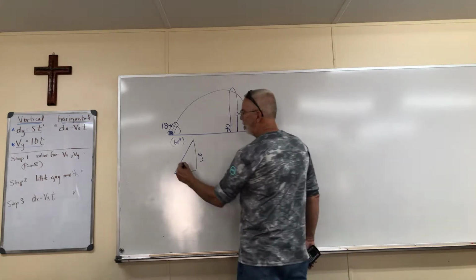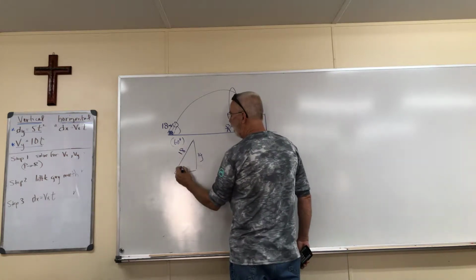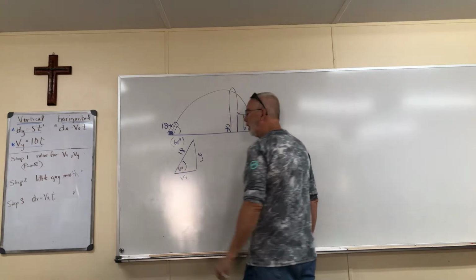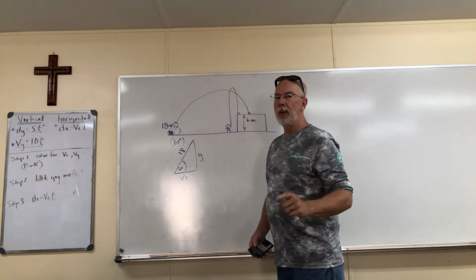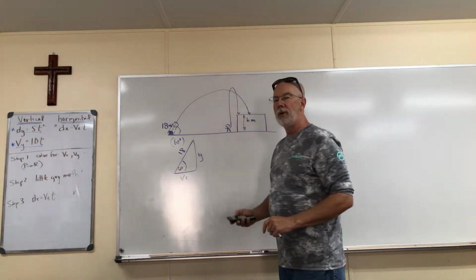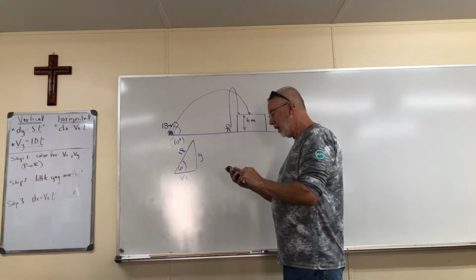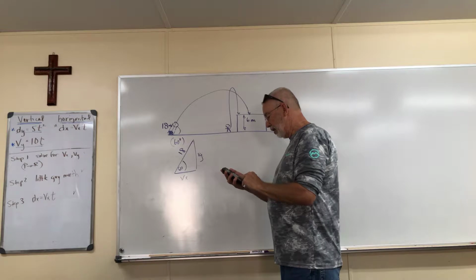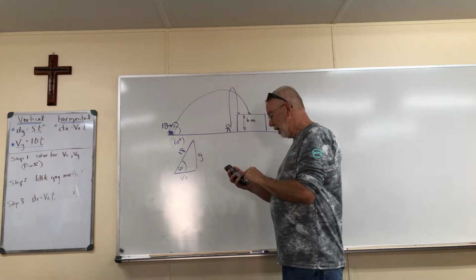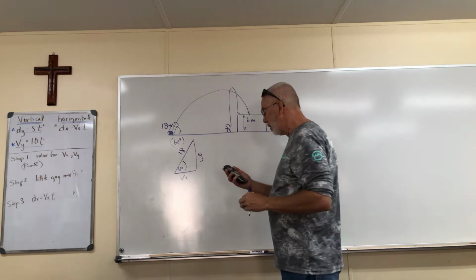But let's work through it and let's see if we can find out the simple things that we need to find out. So first of all, we've got 18 here and an angle of 60, and like we said in the previous video, we're going to run this polar to rectangular. So we've got 18 at a 60, and we're going to go polar to rectangular.